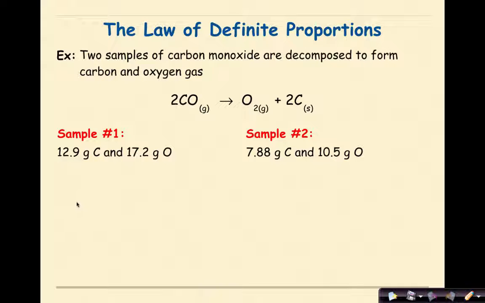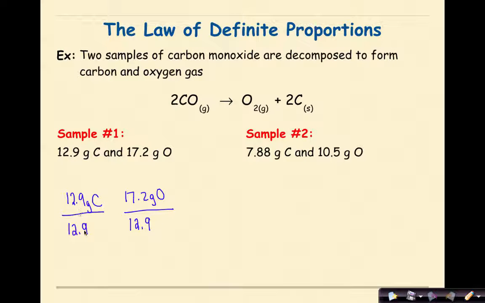So the way that I'm going to do this is I'm going to say, well, I have 12.9 grams of carbon and I have 17.2 grams of oxygen. And I want to see the ratio of basically one carbon to how many oxygens. So I'm going to divide this carbon by itself, so 12.9, and divide this sample of oxygen by my mass of carbon, so 12.9.